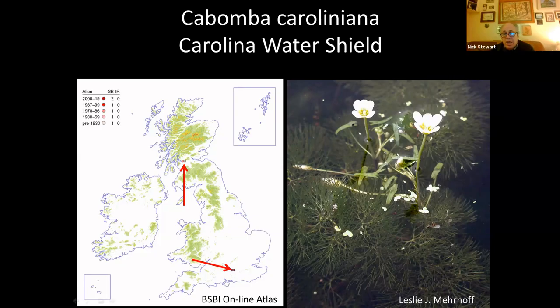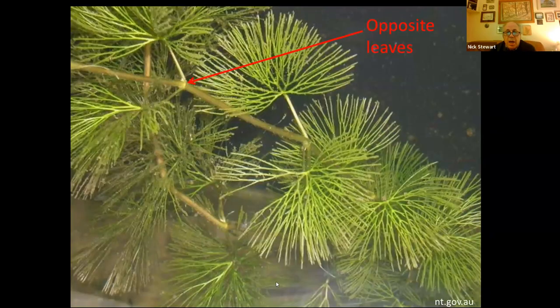It's got the same feathery leaves, which are divided tuning fork like the other water crowfoots. But unlike the water crowfoots, which have staggered leaves, this has leaves in opposite pairs. So that shouldn't be too difficult to separate.